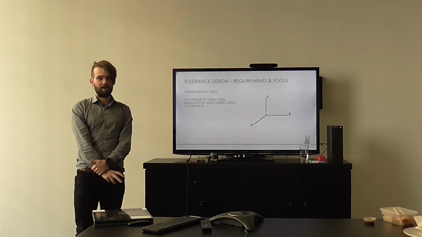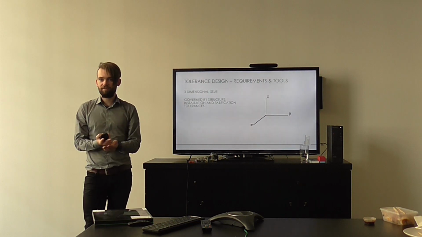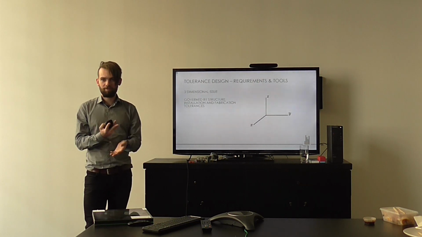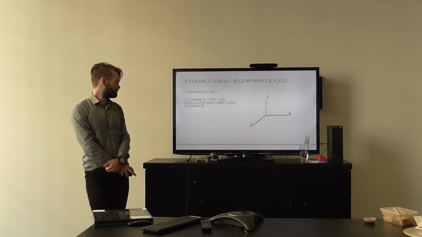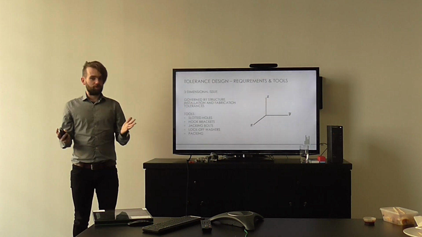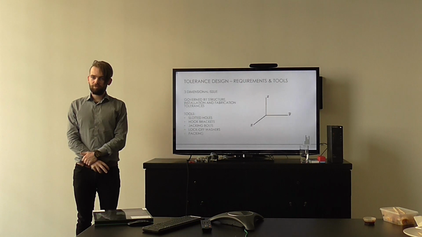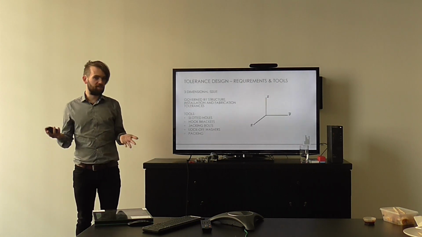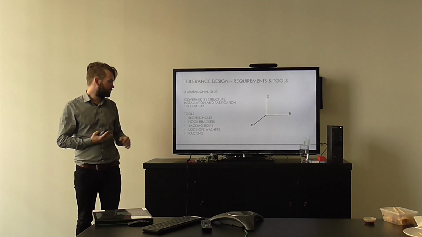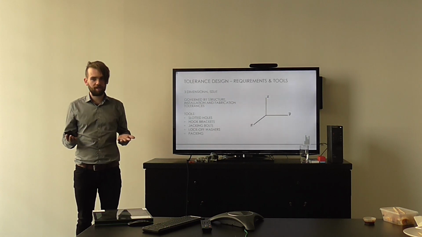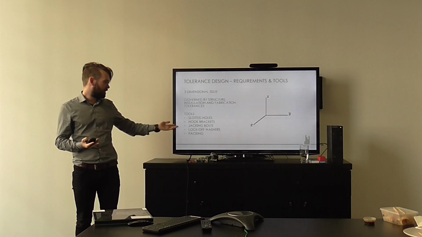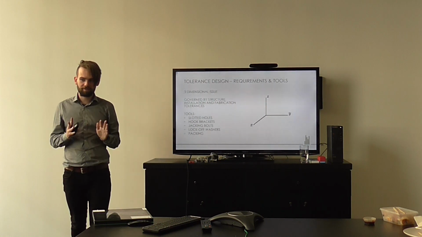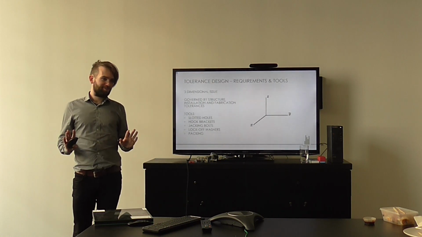As I touched on before, it is governed by the structure we're fixing to, installation, fabrication tolerances, all of the above. But there are tools we can use. It's not impossible, we just need to think our way through it. The tools listed here are just some of the ways we can deal with tolerance: slotted holes, hook brackets, jacking bolts, locking off washers, as well as, as a last resort, packing.